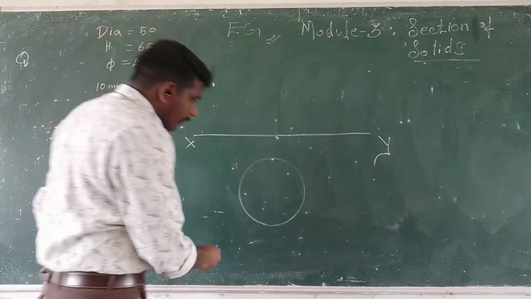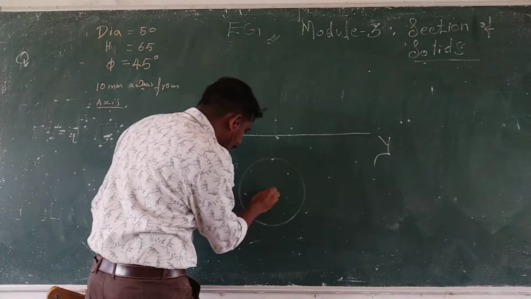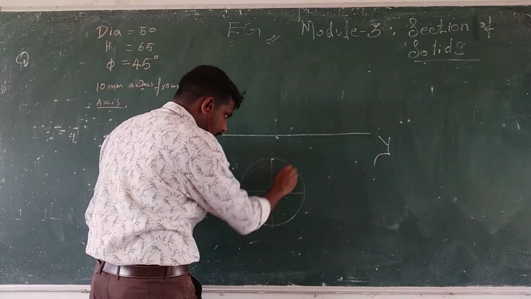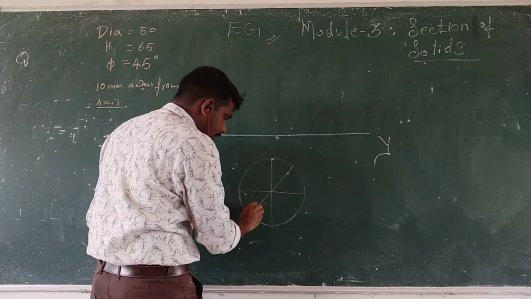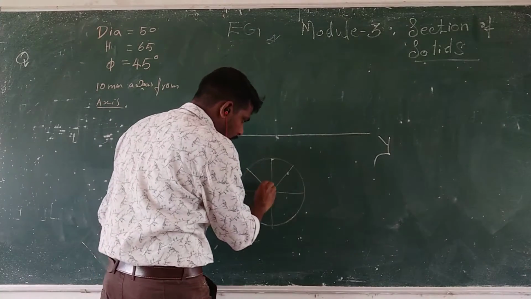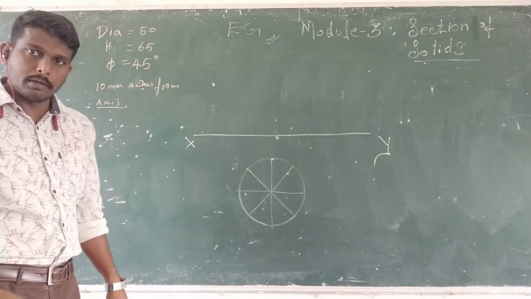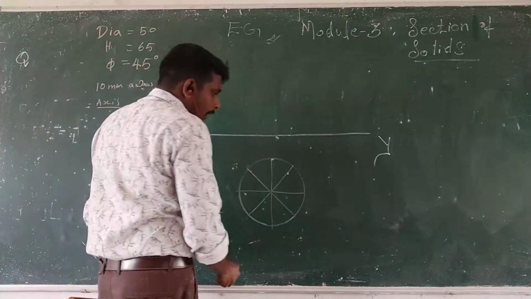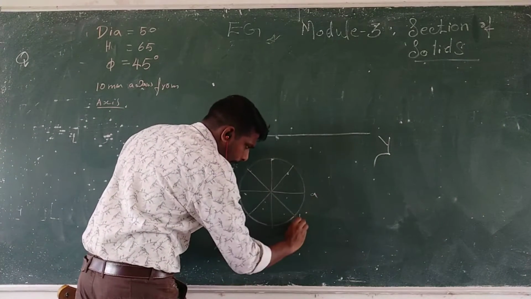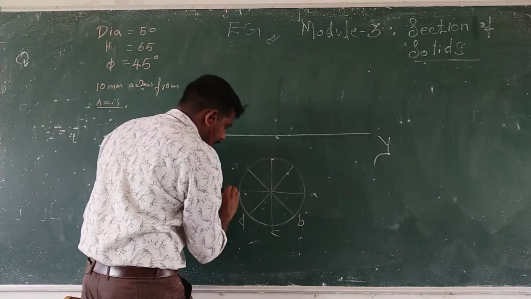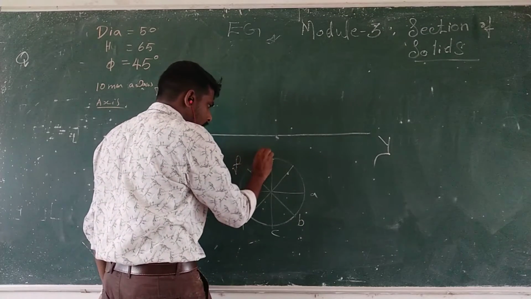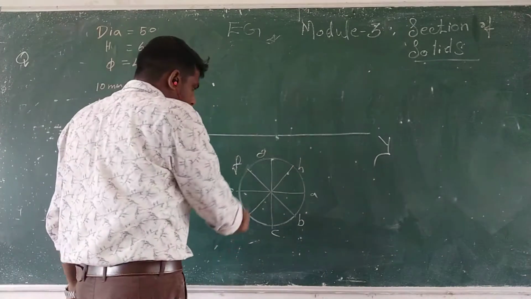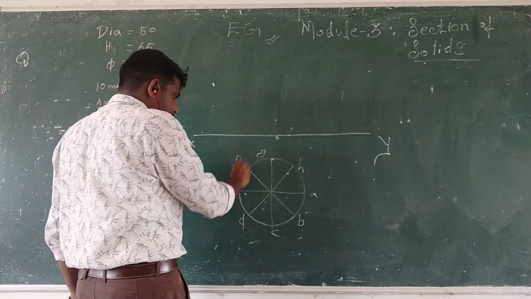Then divide the circle into 8 equal parts, that is 45 degree inclination for each, and name them as A, B, C, D, E, F, G and H.